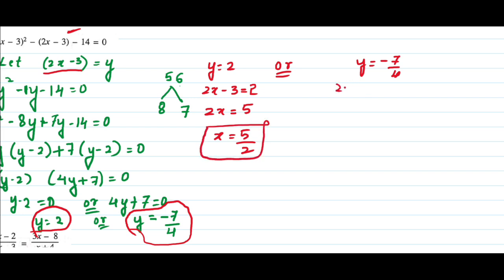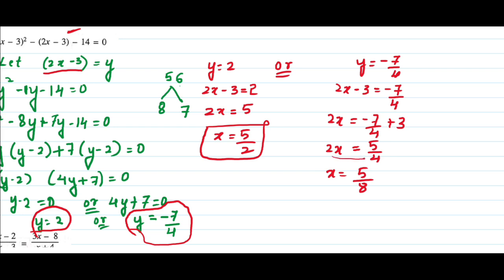And if I substitute 2x minus 3 equal to minus 7 divided by 4, after simplifying I'll get 2x is equal to minus 7 by 4 plus 3. If we take the LCM, 2x is equal to 5 divided by 4, that is x is equal to 5 divided by 8.